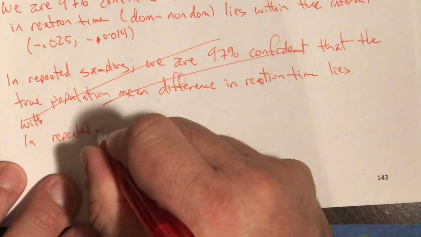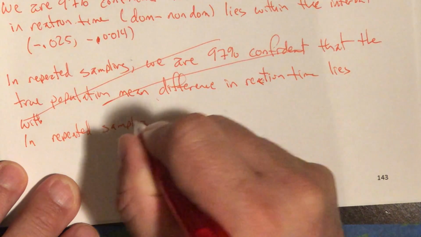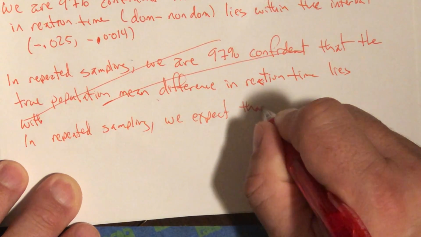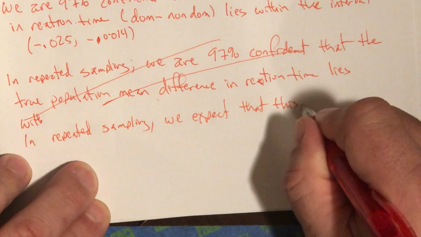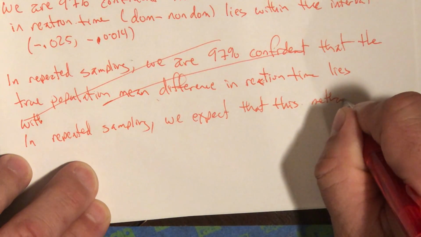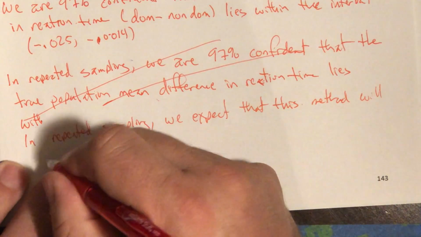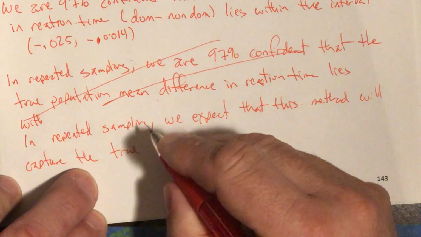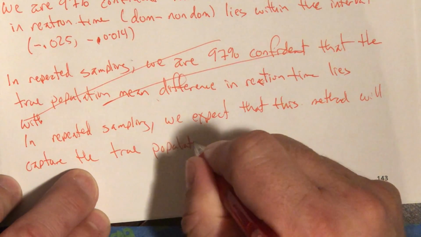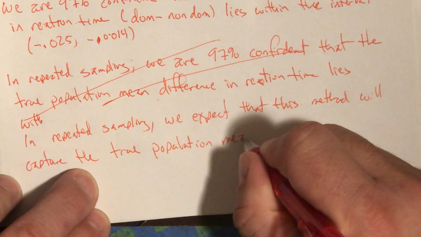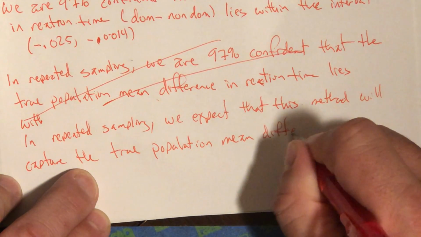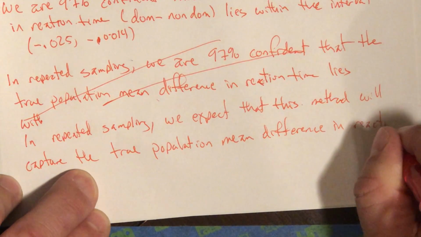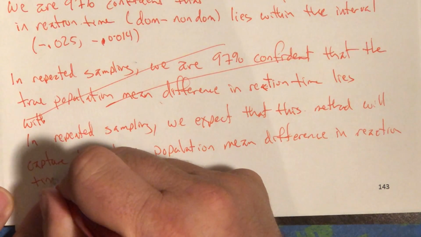In repeated sampling, we expect that this method will capture the true population mean difference in reaction time.